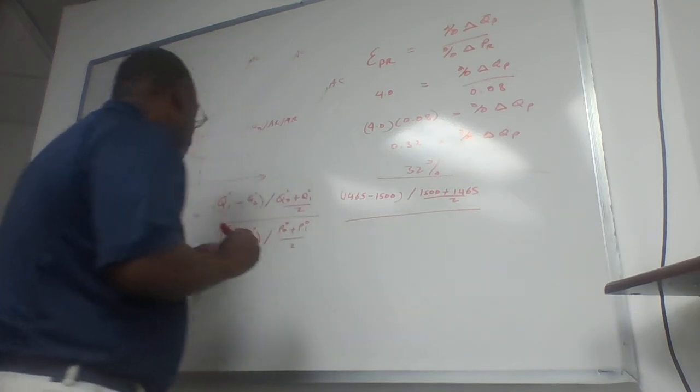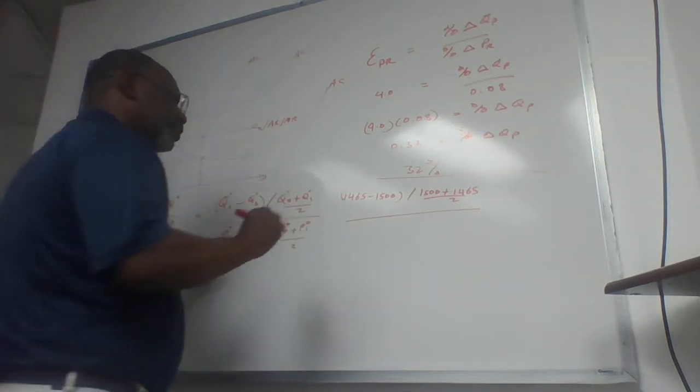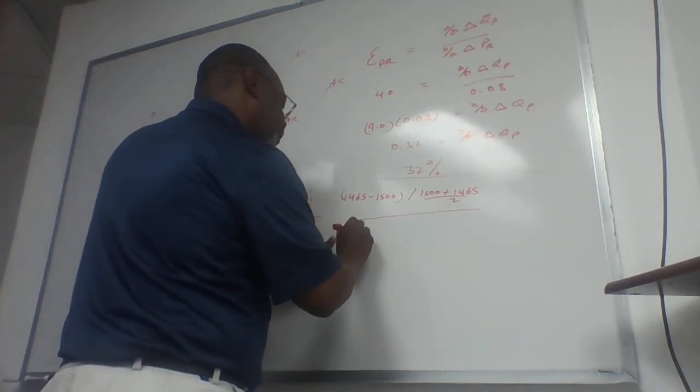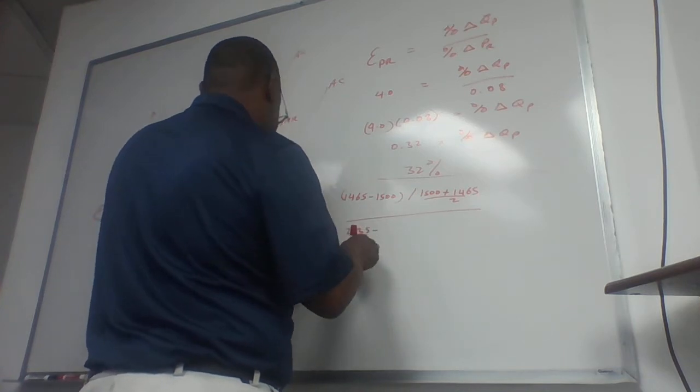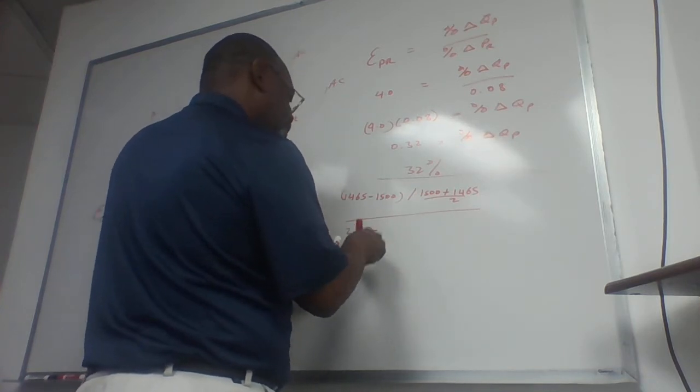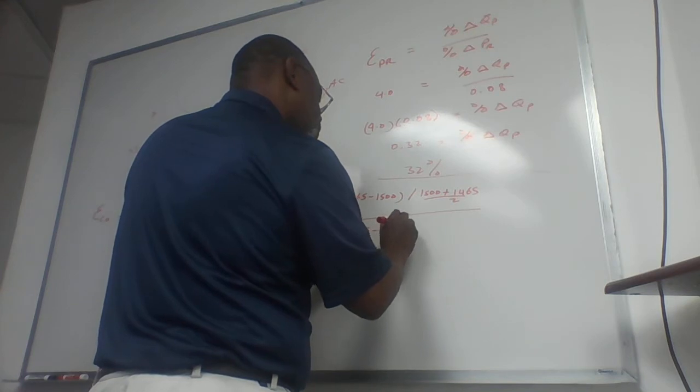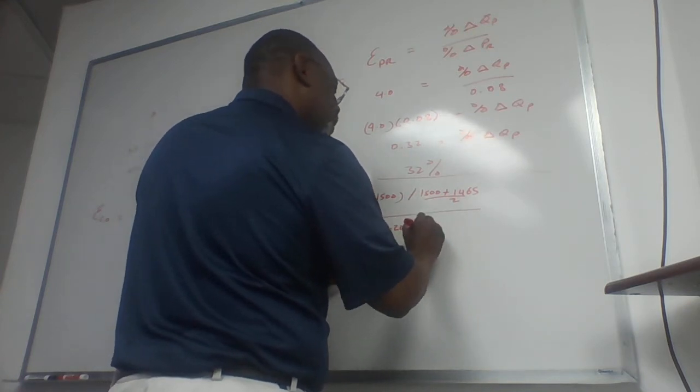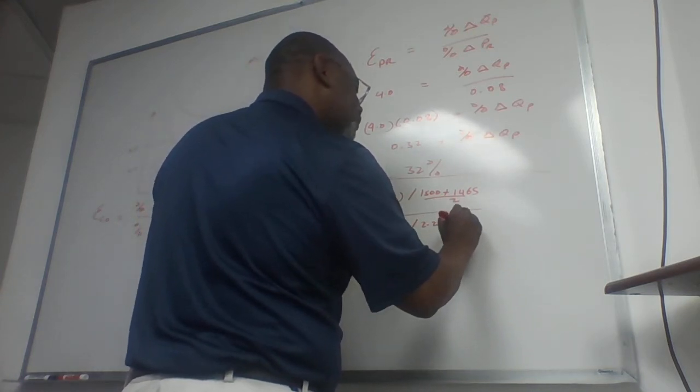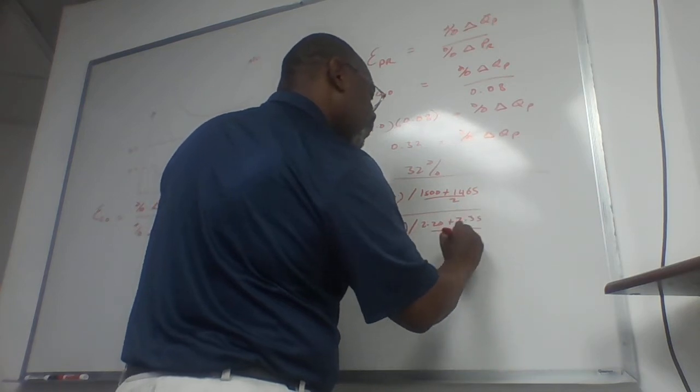And what's the new price for oats? 235 minus, what's the old price? 220. So 220 divided by 220 plus 235 over 2.